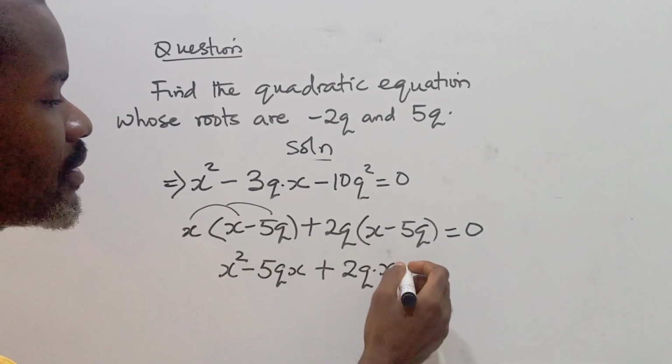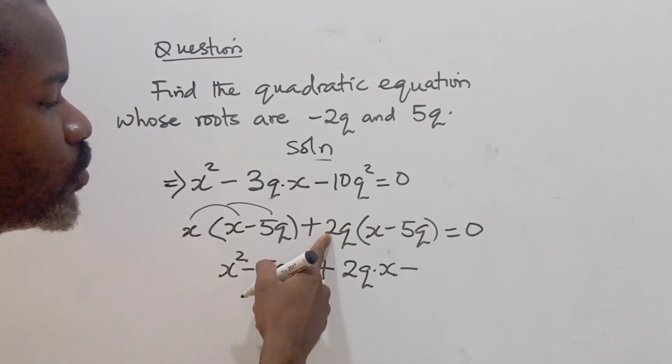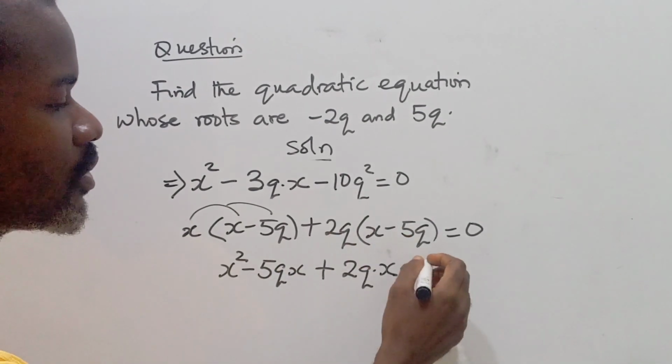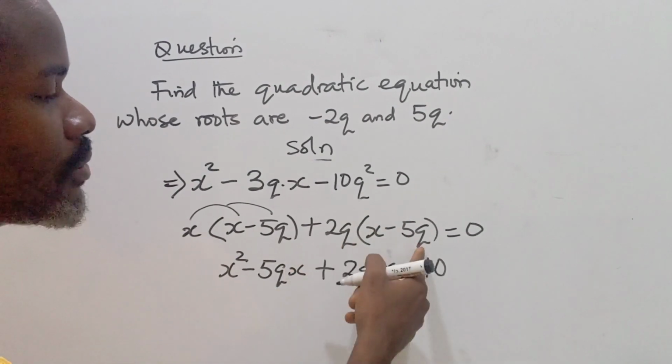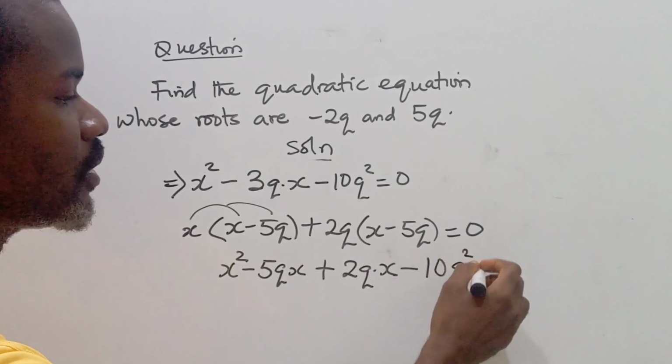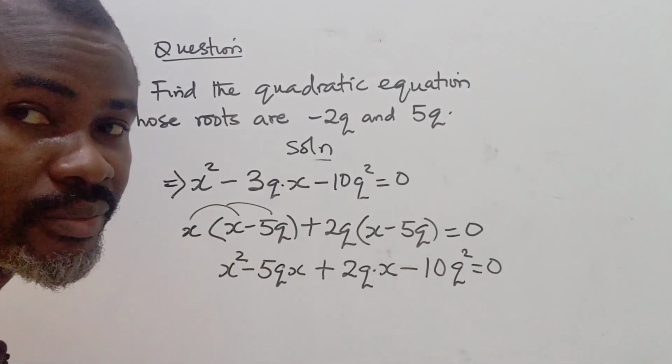Plus times minus is minus, so 2 times 5 gives 10, and q times q gives q squared, equals 0.